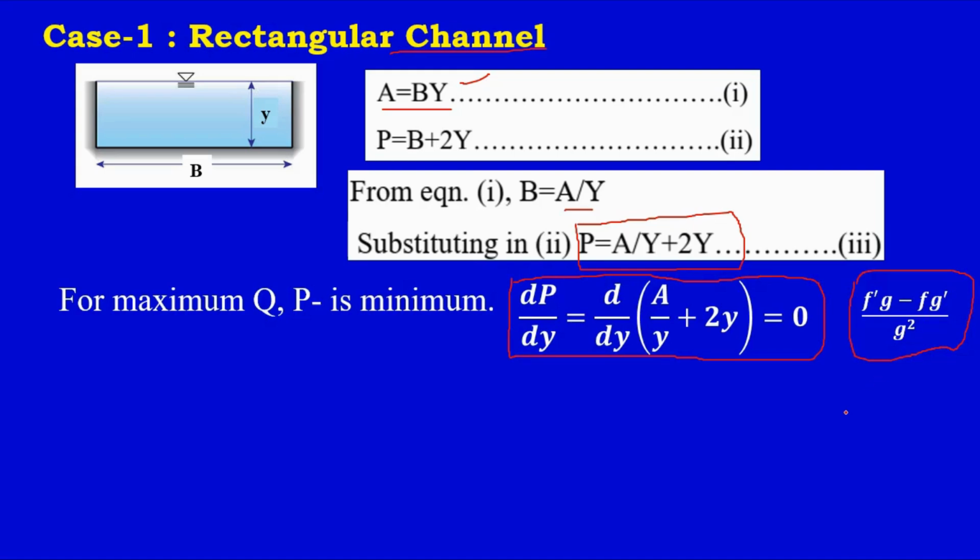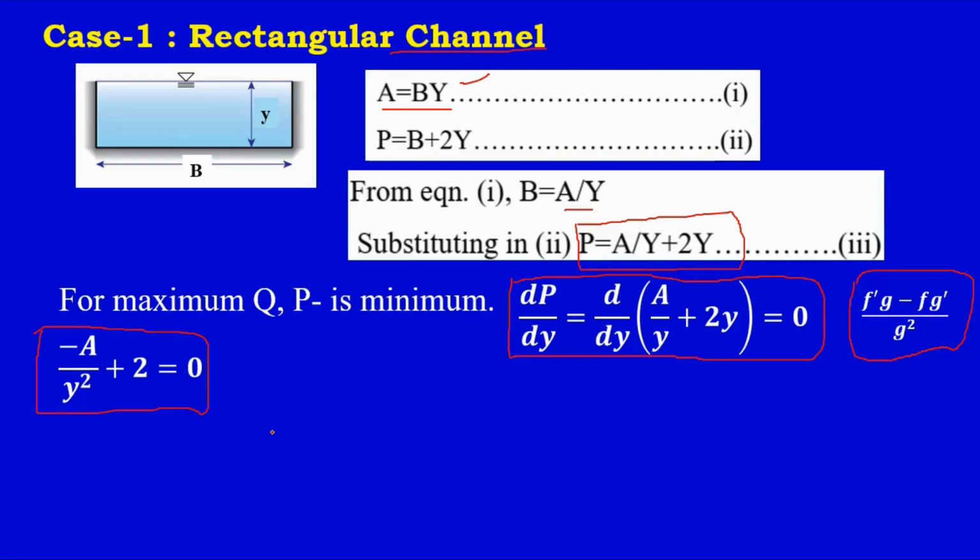A is a constant, so f derivative g will be 0, then minus f will be A, and g derivative will be 1. So minus A over y square plus 2. This is the derivative.